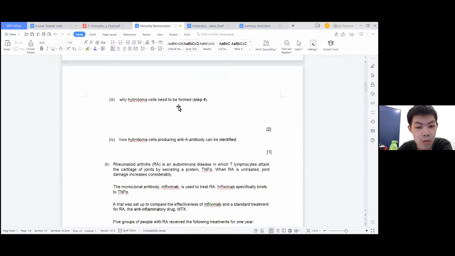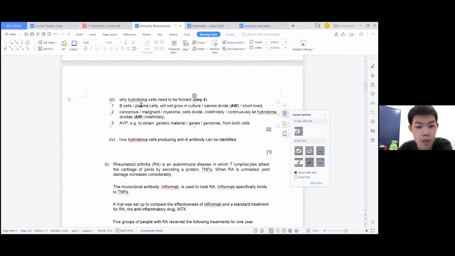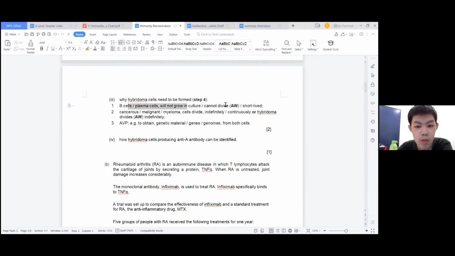Why do hybridoma cells need to be formed? Because plasma cells can produce antibodies but cannot divide, they are short-lived. On the other hand, cancerous cells cannot produce antibodies but can divide indefinitely. Any valid point works, for example, to obtain the genetic material from both cells.